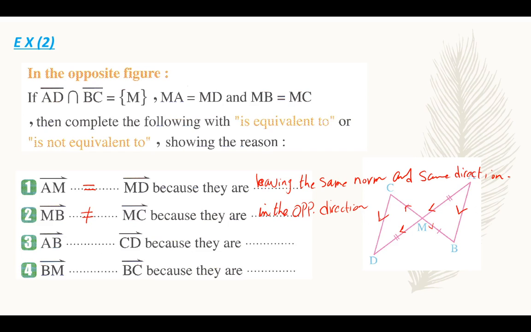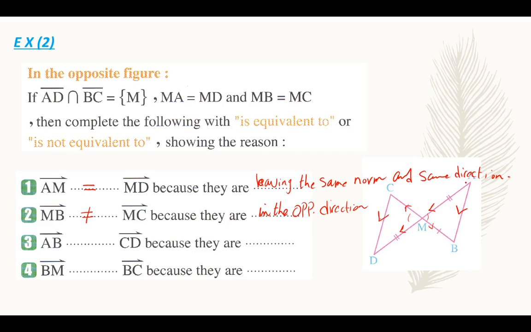This is because the two triangles are congruent. Here we have AM equals DM and MC equals MB, and we have two vertically opposite angles. So the two triangles are congruent. As a result of congruency, we find that AB equals CD.